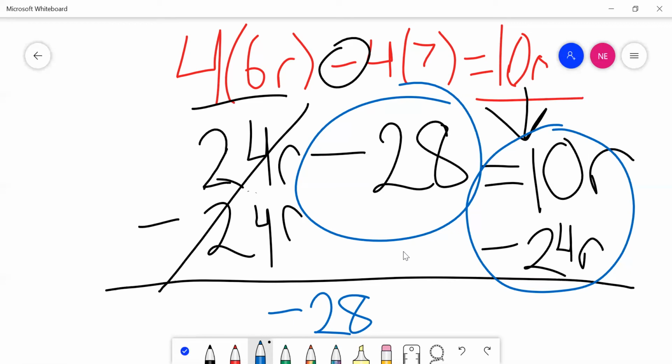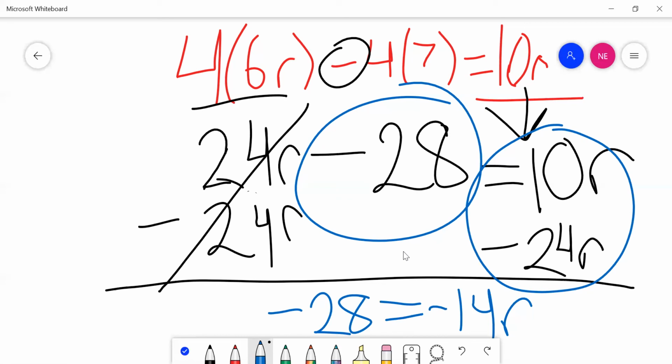As you guys can see, I put them in different colors for each step. So you would have to, again, bring down the negative 28 equals, what is 10 minus 24? Yes, negative 14. And this is the last part of your third step.